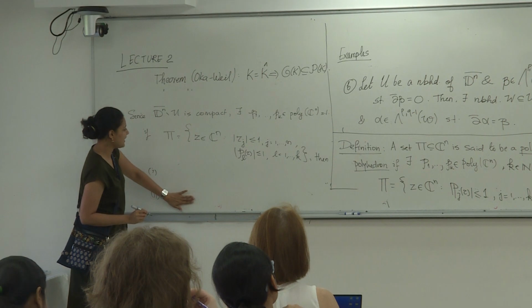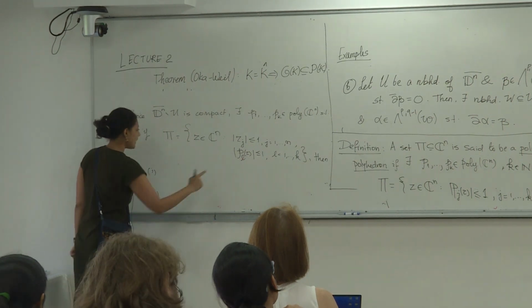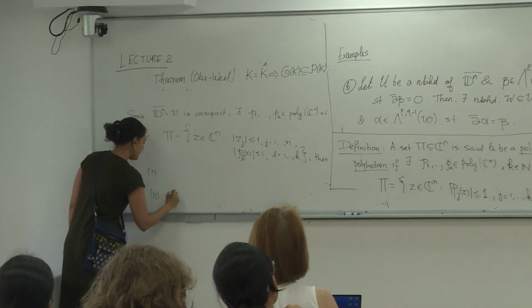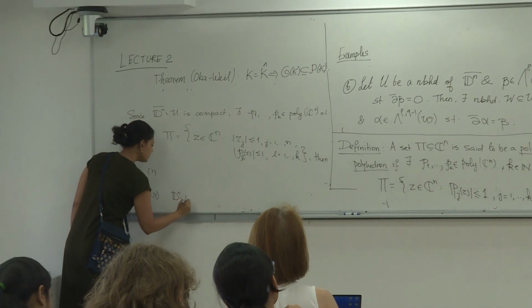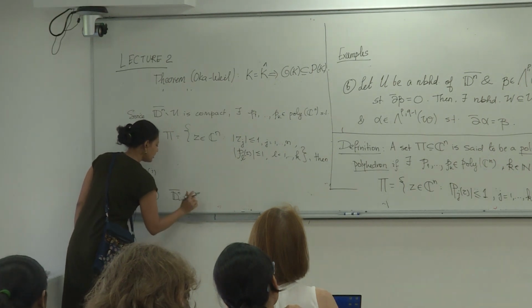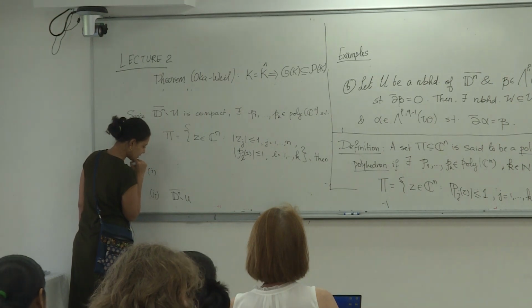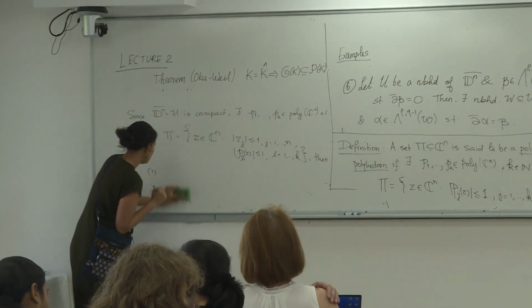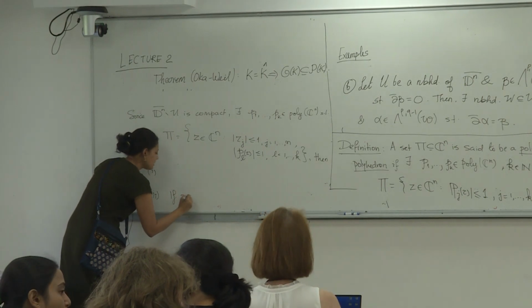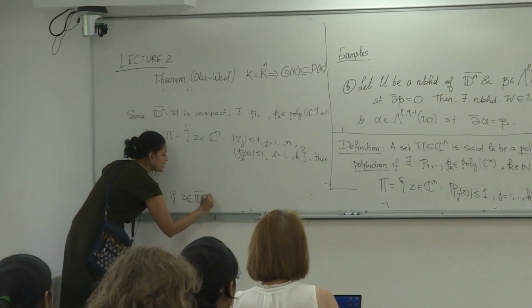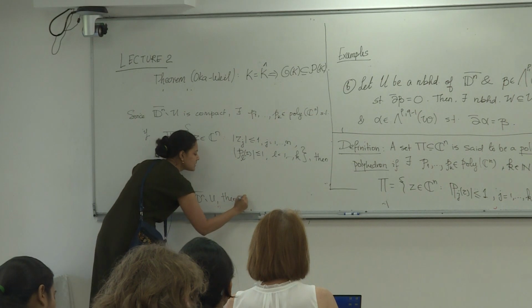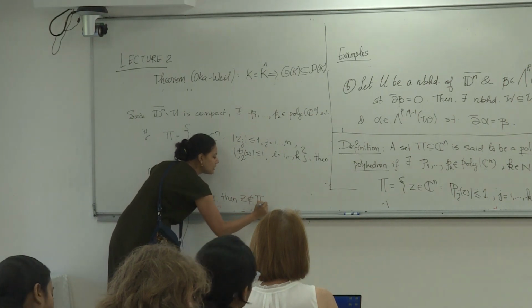So I'll write the second thing first. If I take any point outside, then Z is not in Pi.